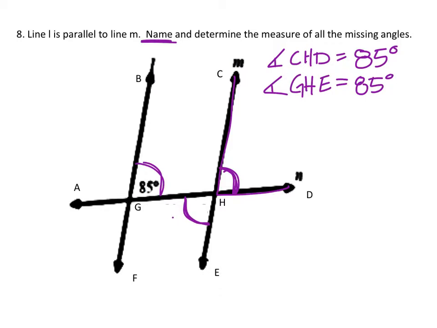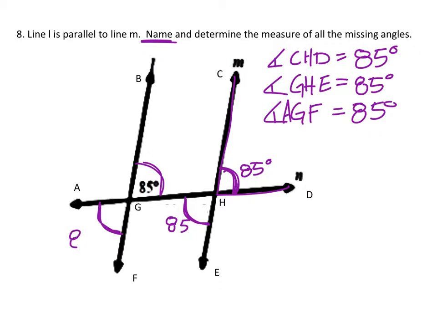Now, since angle CHD is 85 degrees, it's alternate exterior with angle AGF, so it also would be 85 degrees. So we've got these named, and we've got the measures of these. But there's four other angles we need to solve for.